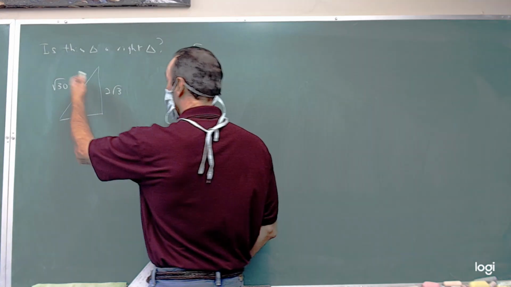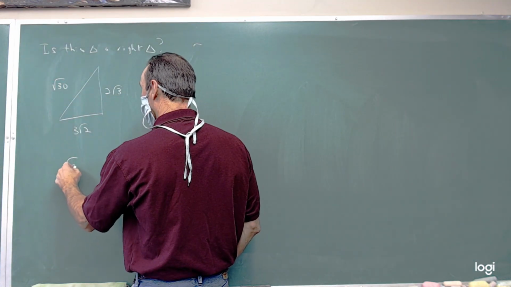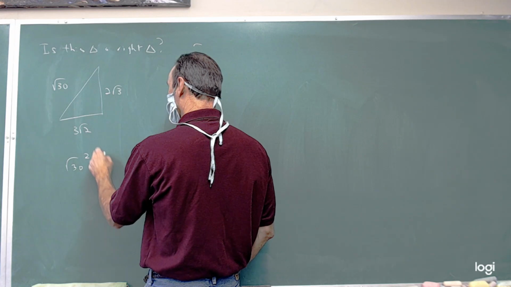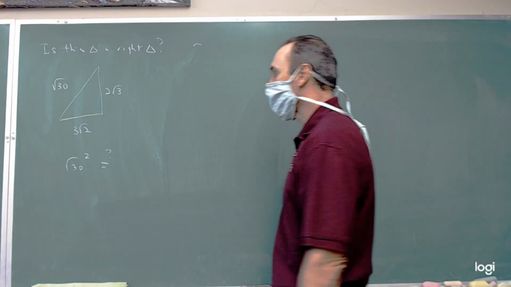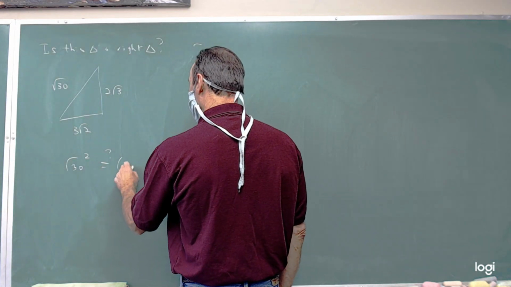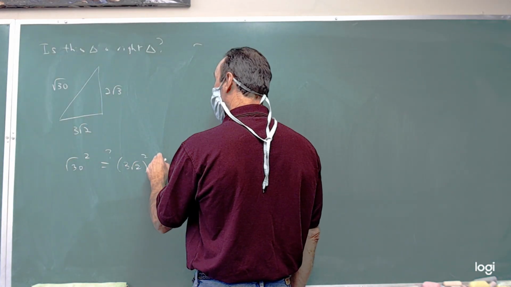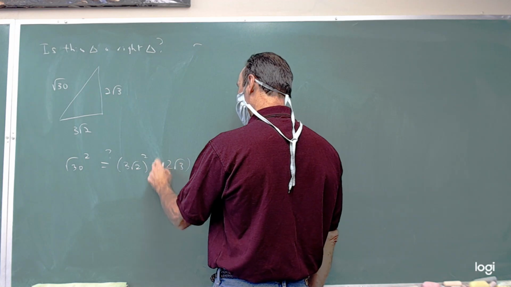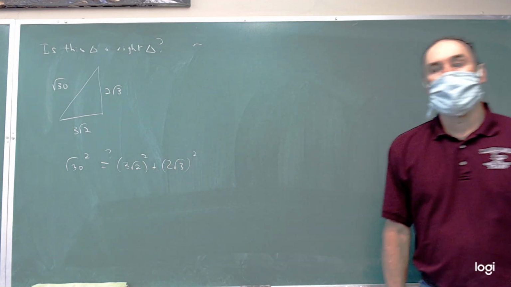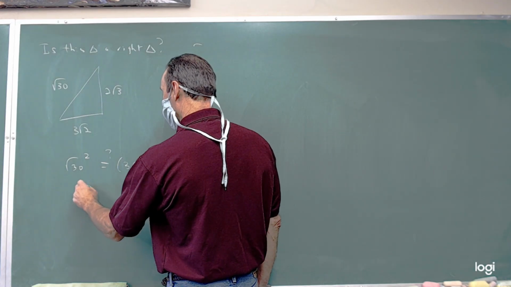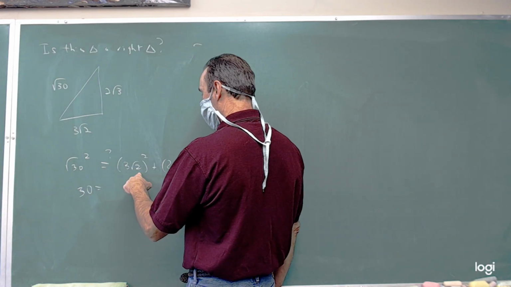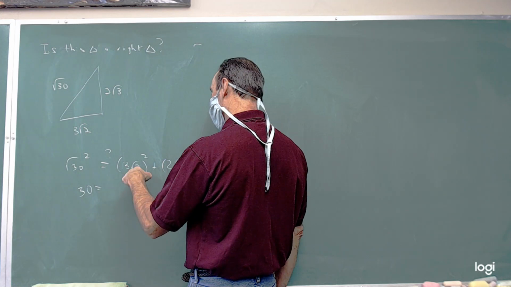So we're going to take whichever one looks like the biggest one, and I'm going to put a question mark over the equal sign. So is that longest side squared equal to the sum of the squares of the other two sides? Yes. And you believe that? So square root of 30 squared is 30. 3 square root of 2, squared, is 3 squared times square root of 2 squared.